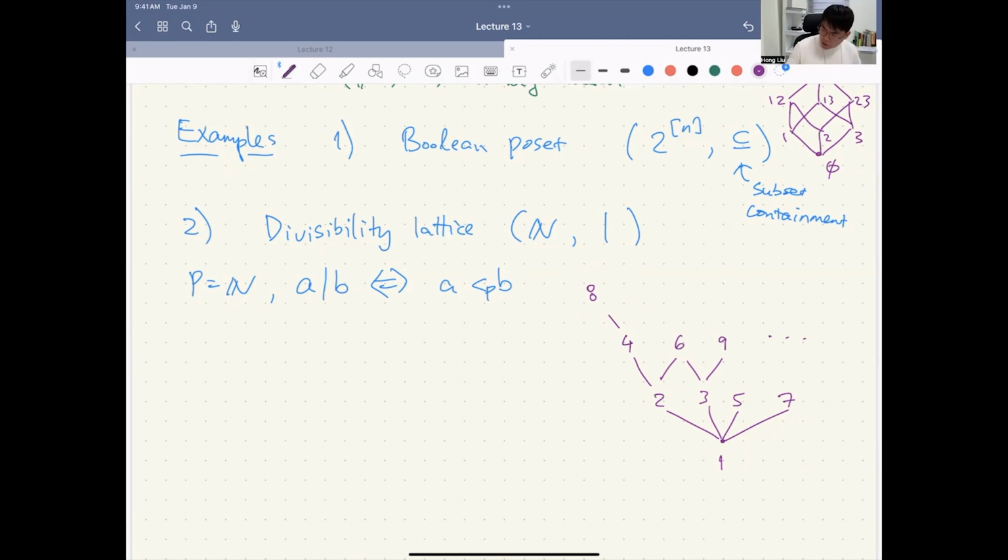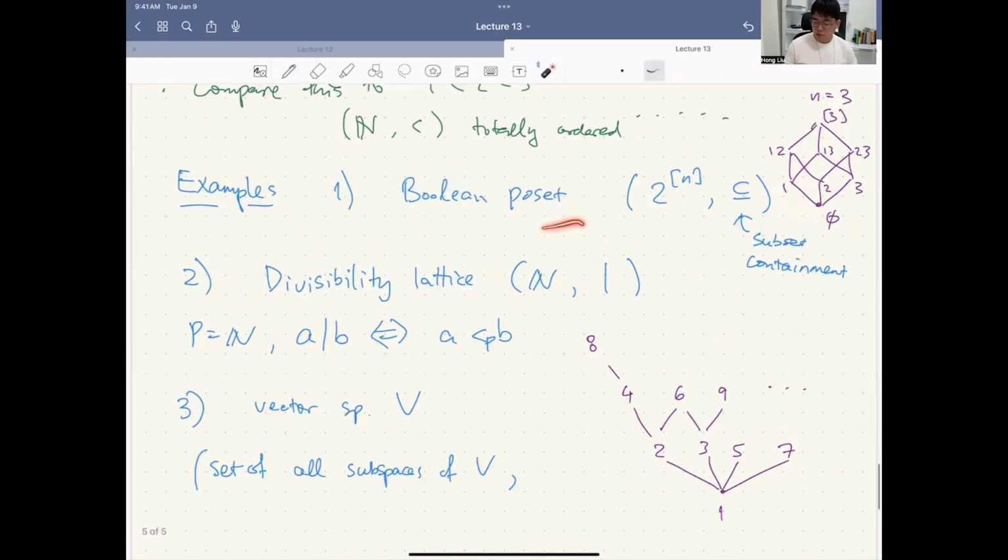The third example, in linear algebra: if you have a vector space V, then consider the set of all subspaces of V. These are the elements in your poset. Each subspace is an element in the poset. And how do you order them?